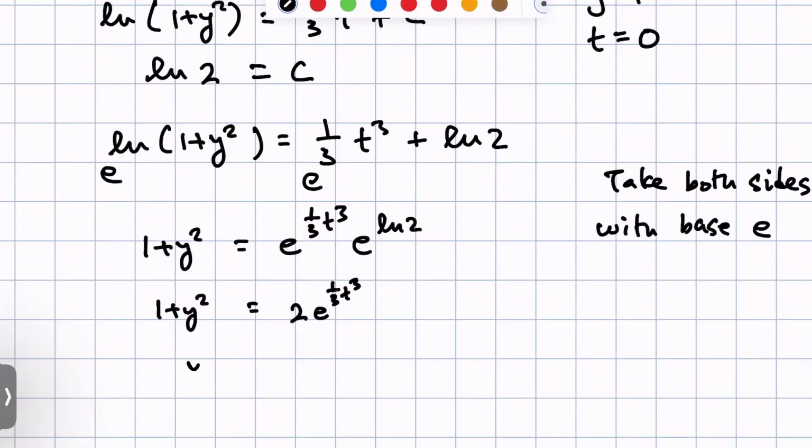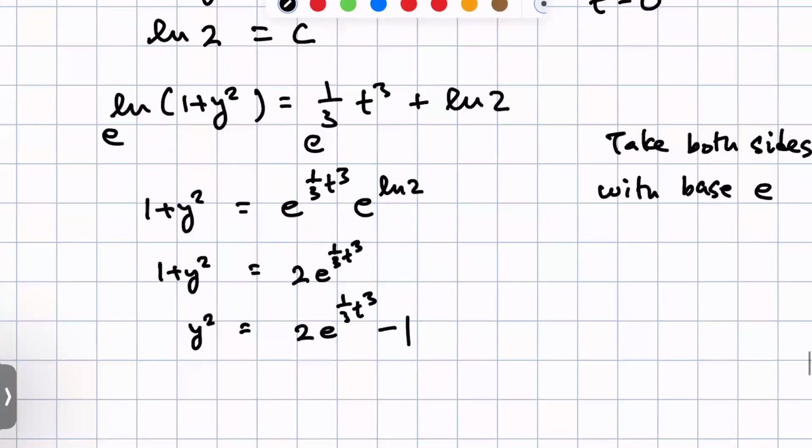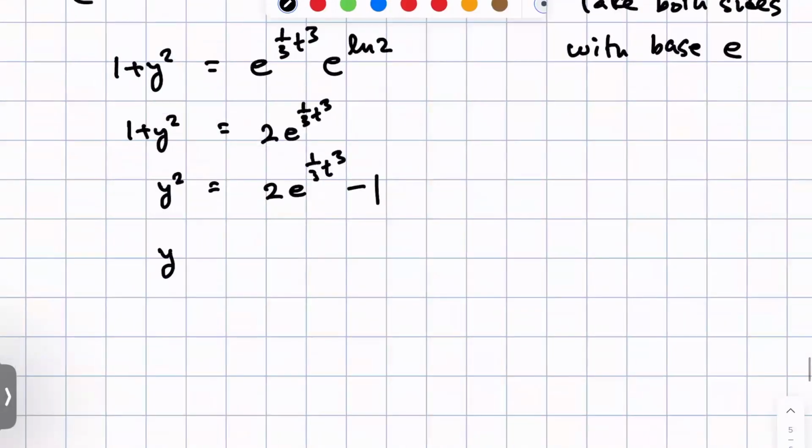And to solve for y, I subtract 1 from 2e to the 1/3 t cubed, minus 1, and then I take the square root: y equals the square root. Now let's put the plus or minus here first and see what happens.